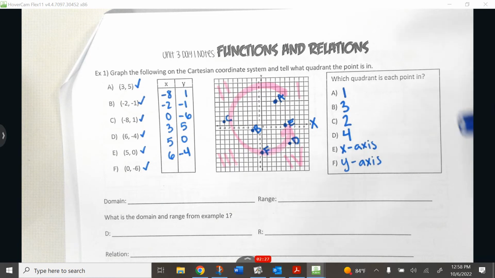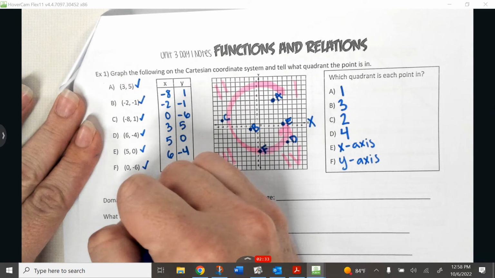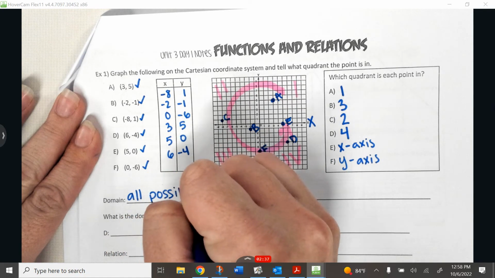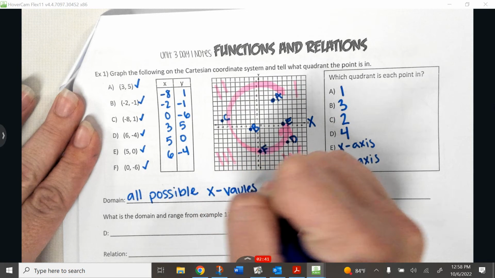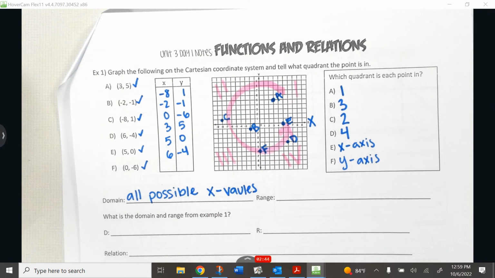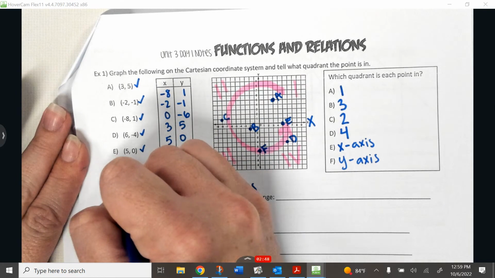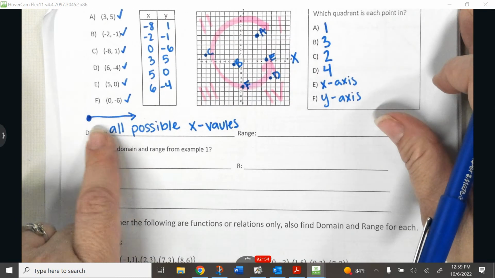Okay. Does anybody remember what domain is? Isn't that the X? Yes, so it's all possible X values. And when you find domain, you go farthest left, you start left, and you work your way right. That's what keeps it least to greatest. So left to right.